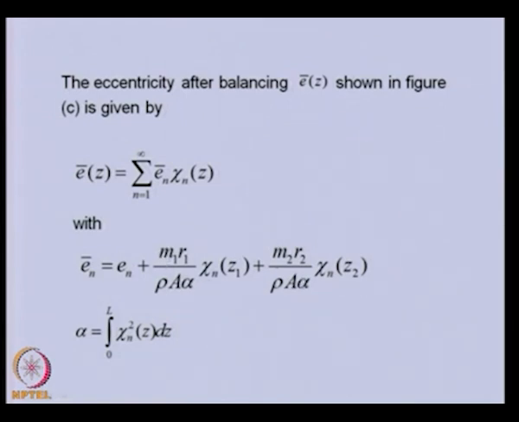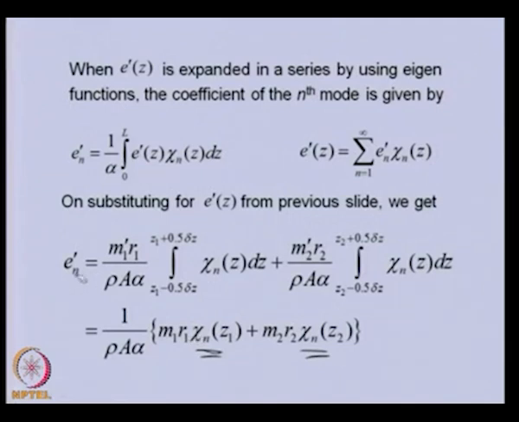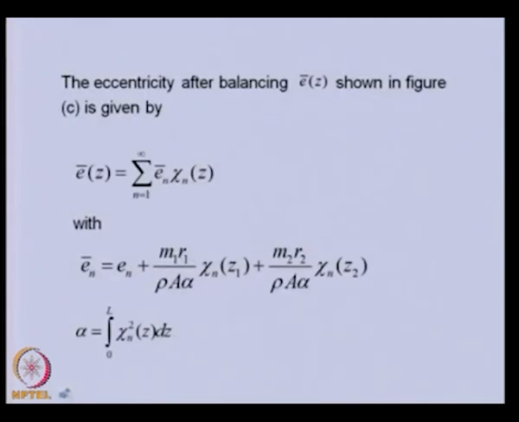So these two we obtain here: this is due to the shaft eccentricity, these are due to the eccentricity due to the correction mass, and where alpha is given by this.